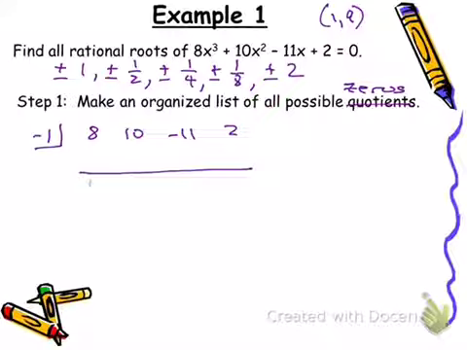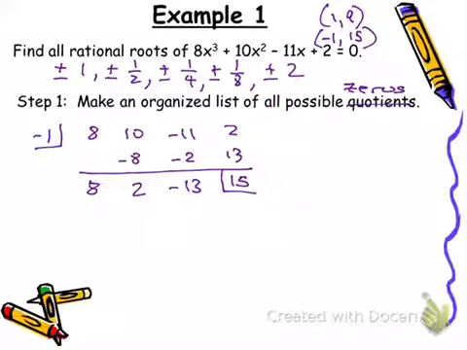You know, sometimes fractions aren't avoidable, but always try the easiest ones. Is -1 a 0? It is not. It does give us a point. I can put that on my list here. When x is -1, y is 15.